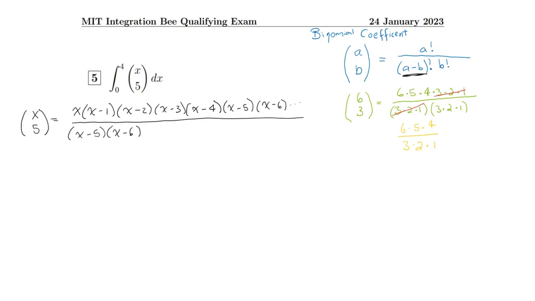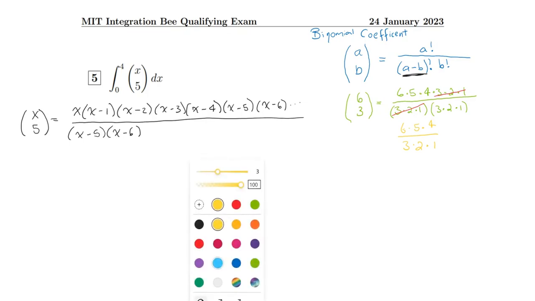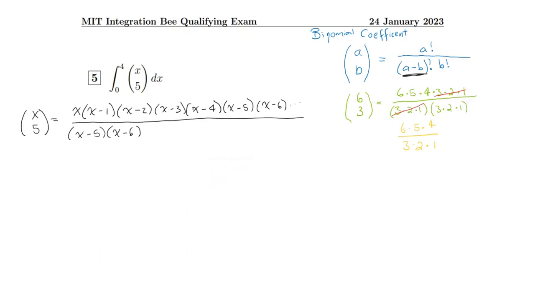If you notice on the top, which I will underline in light blue, we had an x minus 5 times an x minus 6, and then we continued on and on. And on the bottom we have this x minus 5 and this x minus 6, and we're going to continue on and on.